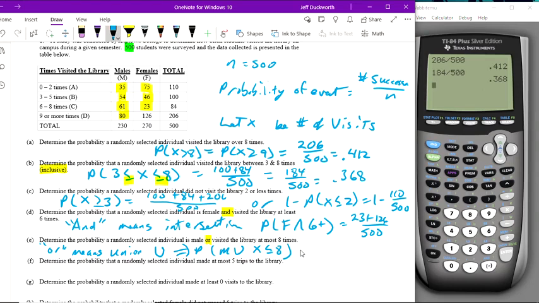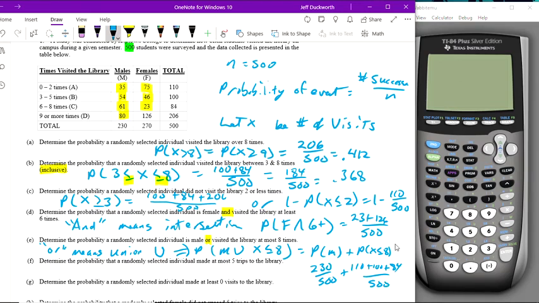All right, and you can do this in the additive rule, which probability of male, which we know to be 230 over 500, plus the probability that we're less than 8. And I don't have that anywhere above, so less than or equal to 8 will be 110 plus 100 plus 84 over 500.